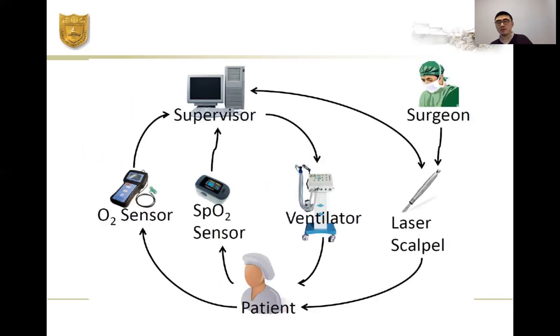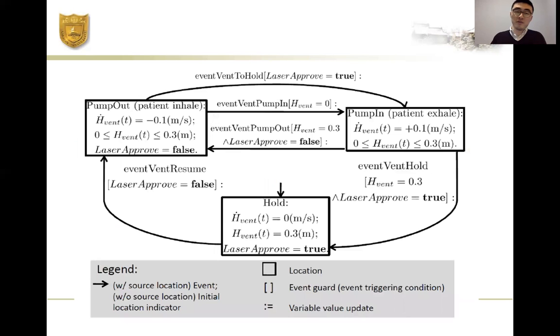Okay. How about the surgery systems? Okay, we build a model for the ventilator. It can pump out and pump in, and when pumping out or in, the height of the ventilator is moving according to some differential equation, everything goes fine.